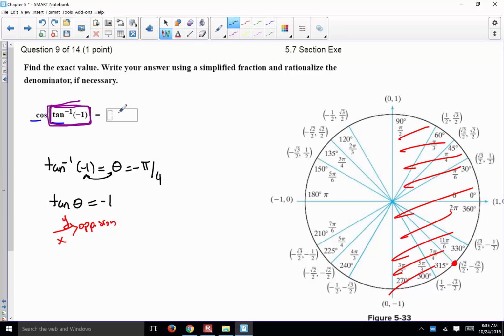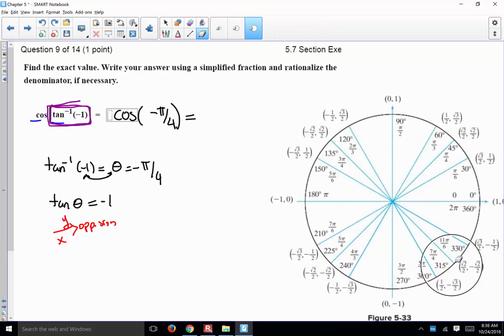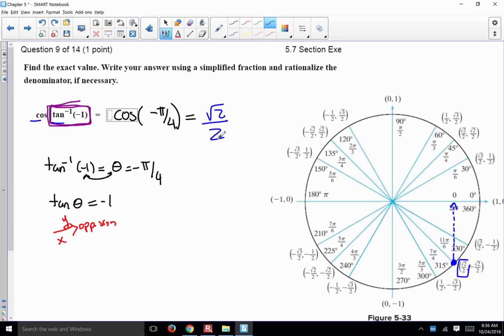So our cosine has -pi/4 inside. Now you need to compute cosine of -pi/4. Well, here is -pi/4, find it. Right, this is -pi/4, -45. Cosine means x coordinate. What is the x coordinate of this point? √2/2.